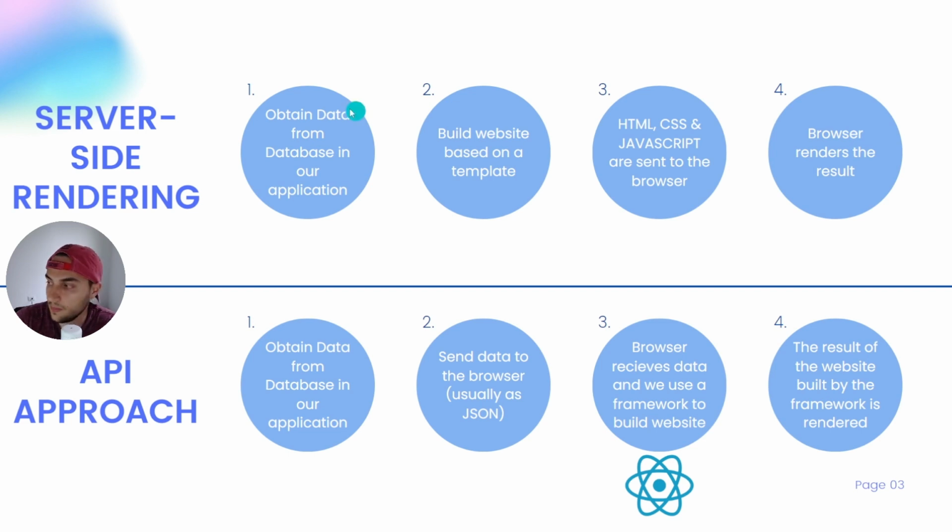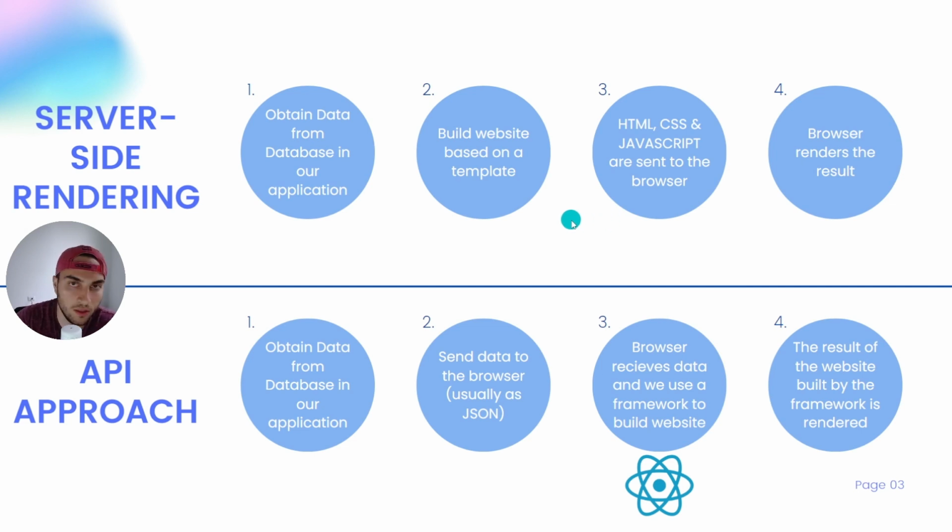And once it is ready, it is going to build the website based on a template. So it is going to build on the server the HTML, the CSS, and the JavaScript, and then send those files to the website based on the request that was made, and finally the browser is going to render the result, which is basically the flow that we studied earlier.